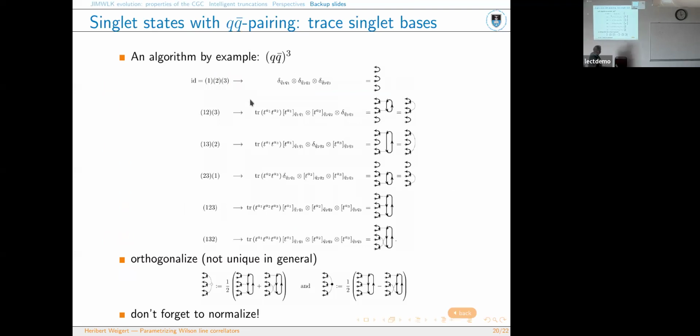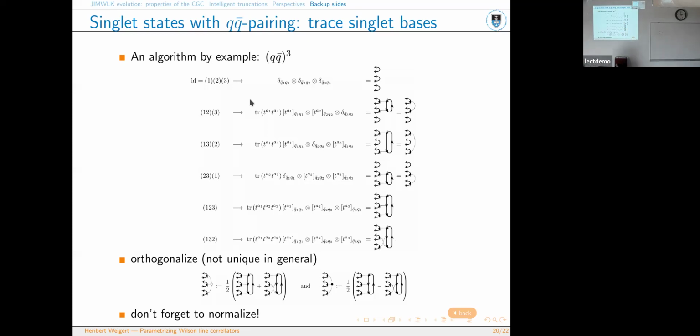I just select all the contributions. There are actually 9 of them that do not have a single Q-bar pair. Those go, and I chop off those lines. Then I have a two-gluon state expressed through a trace. I do this everywhere, and I have a spanning set for my gluon states.